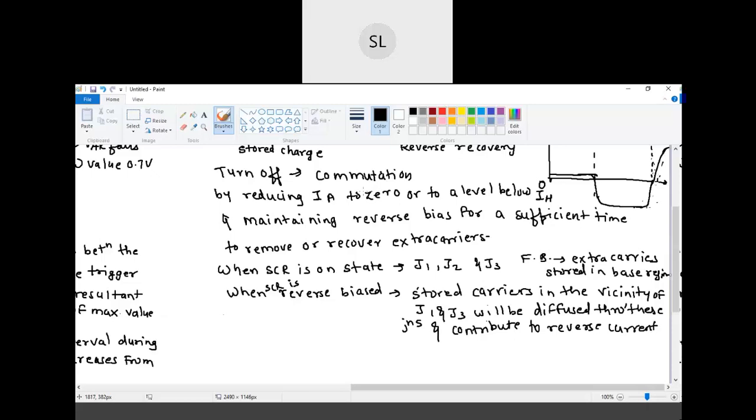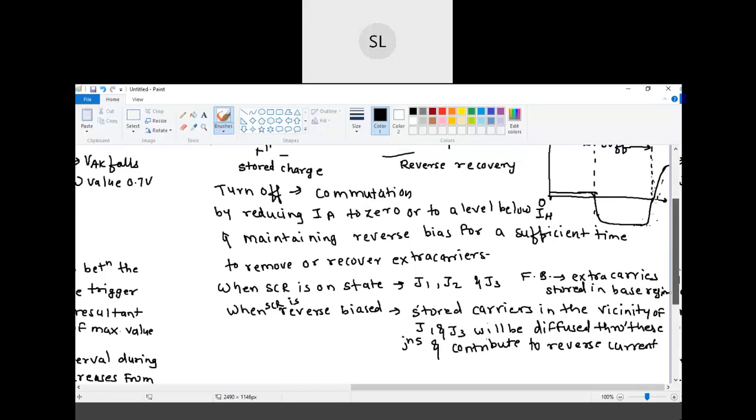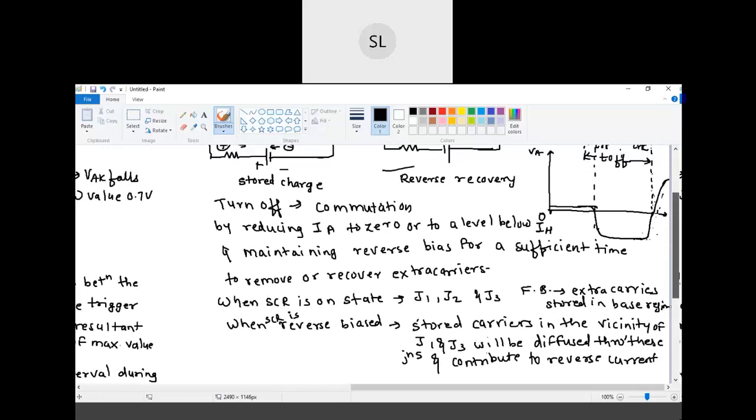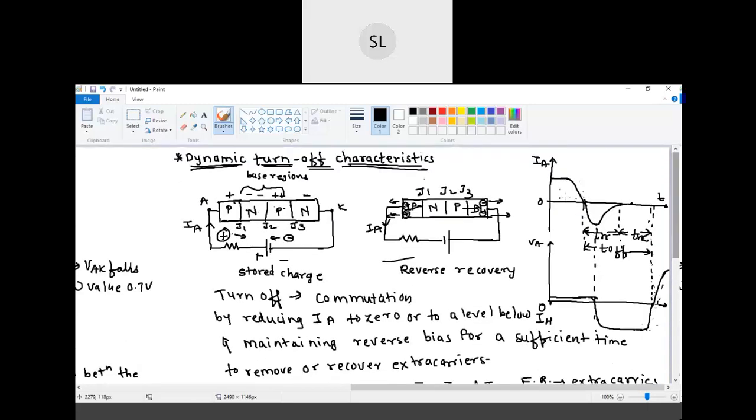When we apply a reverse bias across this conducting thyristor, first of all the forward current is reduced to zero and then the reverse current flows. Now, when about 60% of the stored charge carriers have been recovered, the reverse current reaches its peak value. As you can see here, the anode current will fall, first reducing to zero, and then reverse current will start flowing through the device.